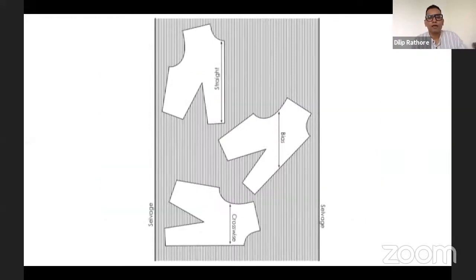So now coming back to the grain. If this is the fabric, the vertical lines are warp. If there are horizontal lines, they are weft. This is a pattern of the front of a woman's top.